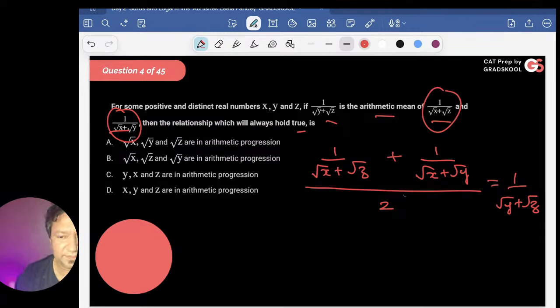Try it out. I'm giving you guys 1.5 minutes for this.